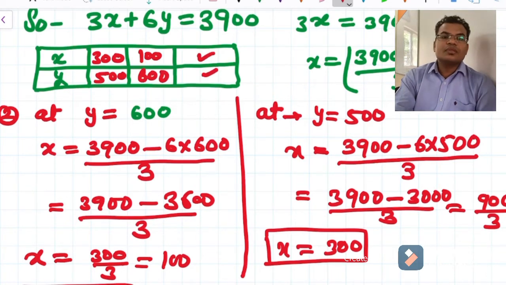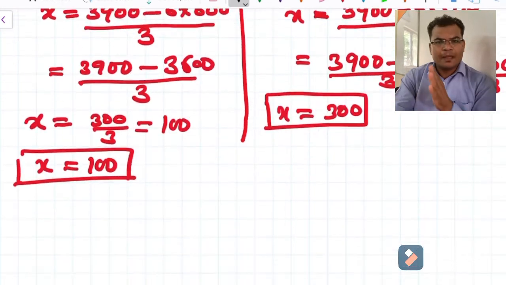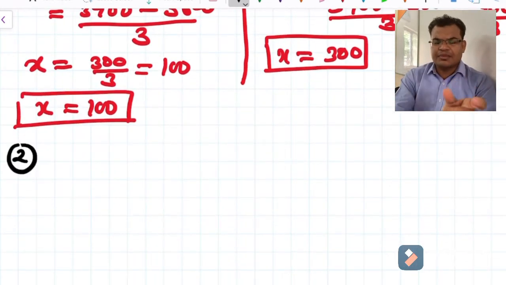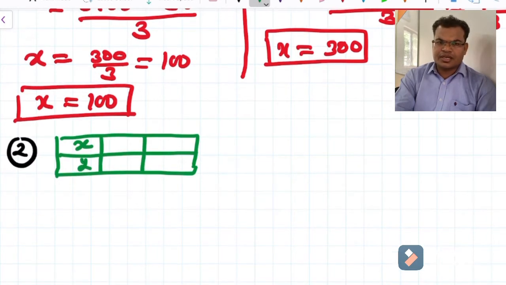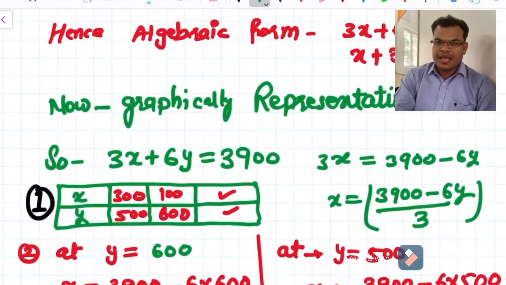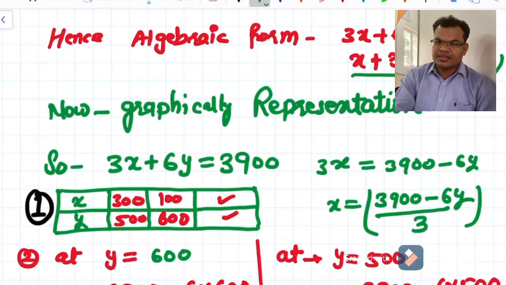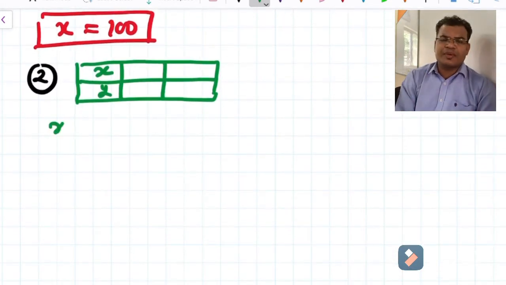Clear? Next, you will repeat the same for the second equation also. We'll make the graph table, and for this table we just make the table here, x and y, and after this we will put some values. The equation is x plus 3y equals to 1300. Now guys, you're free to put the value of x or y, anything.